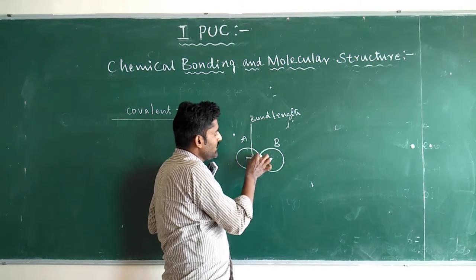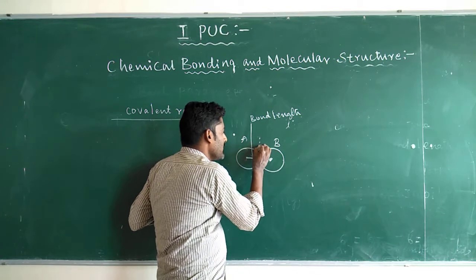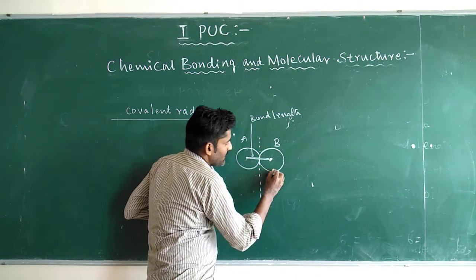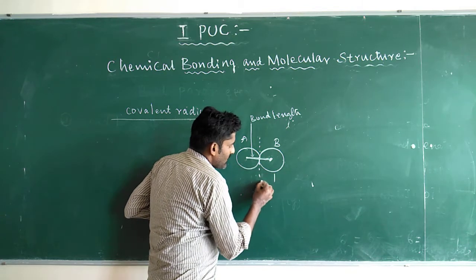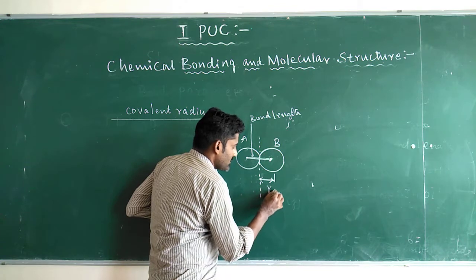The covalent bond belongs to both the atoms A and B. Now half of the bond length is called covalent radius, RC.